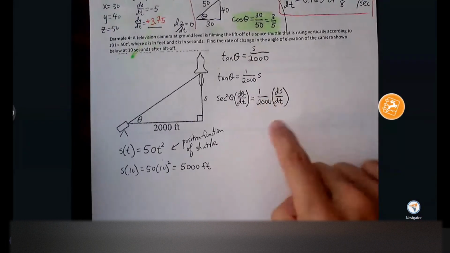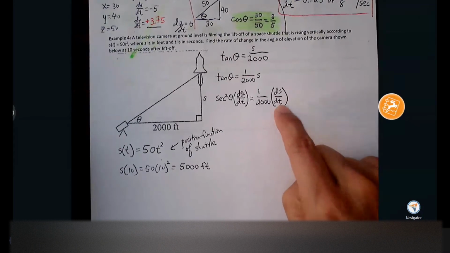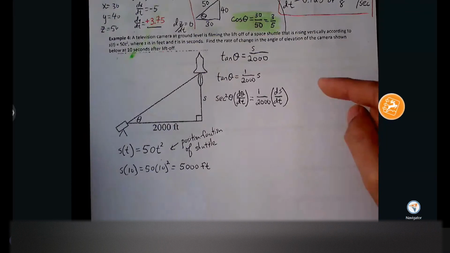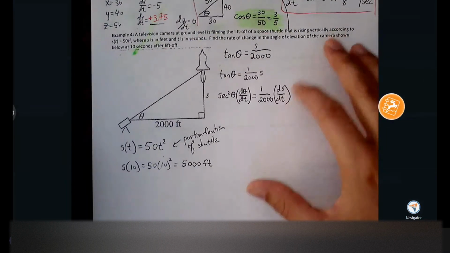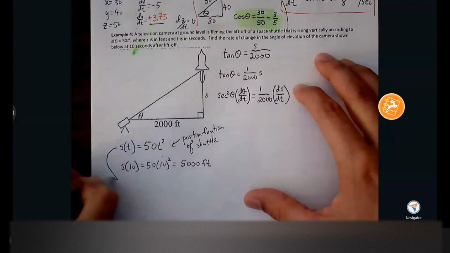So we're going to use this later, but if you look, we also need a ds dt. So ds dt is basically the rate of change of position, which is another word, the velocity. So how can I find the velocity at this moment in time? Take the what?